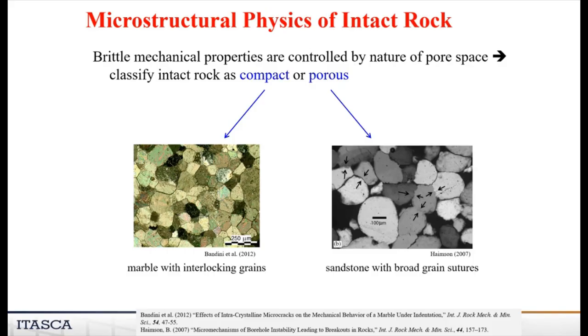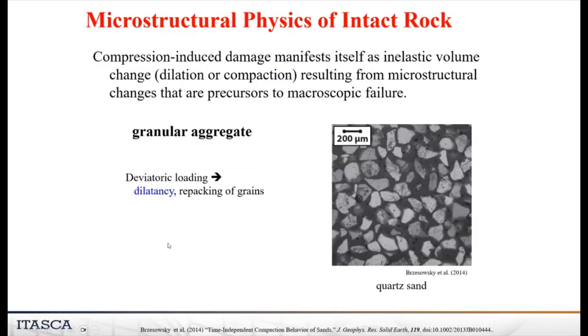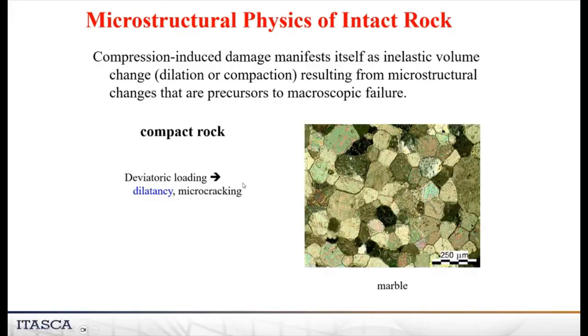And there's going to be different behavior for compact. The compact rock, when you load it, that's granular. You're going to get these little micro cracks that form between the grains. And when you squeeze it vertically, most of those cracks are parallel to the vertical direction initially.